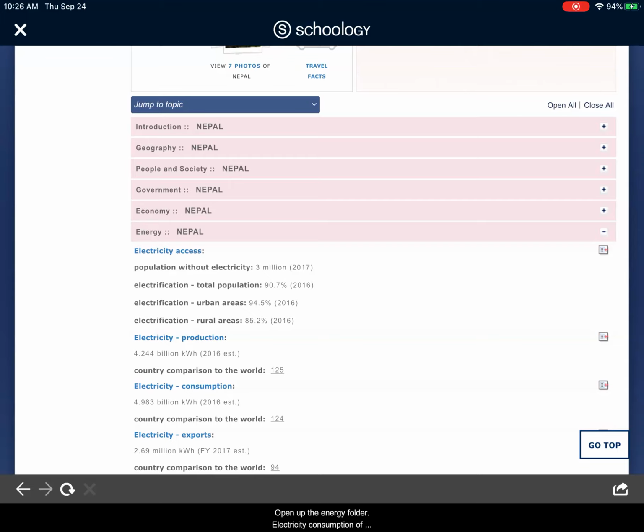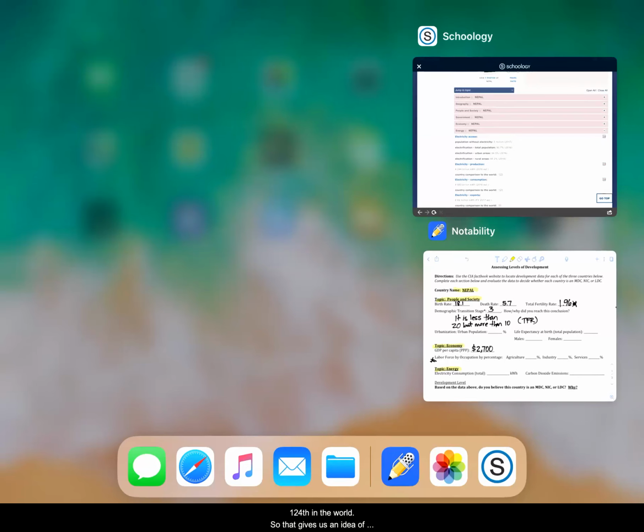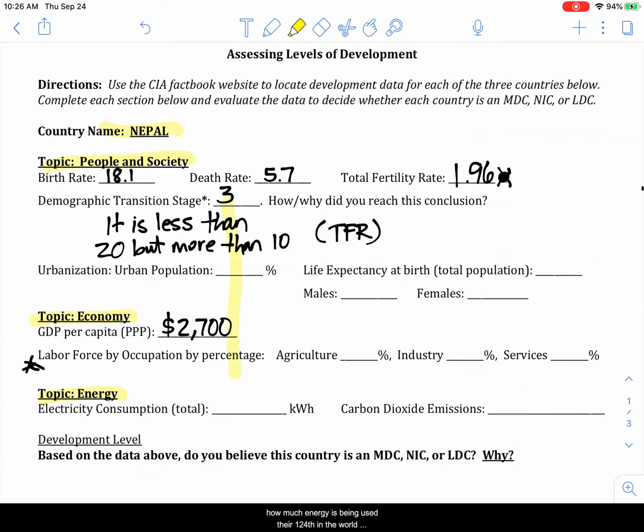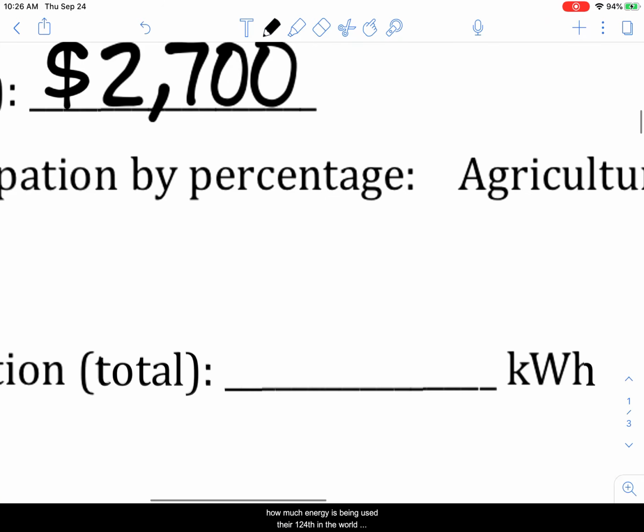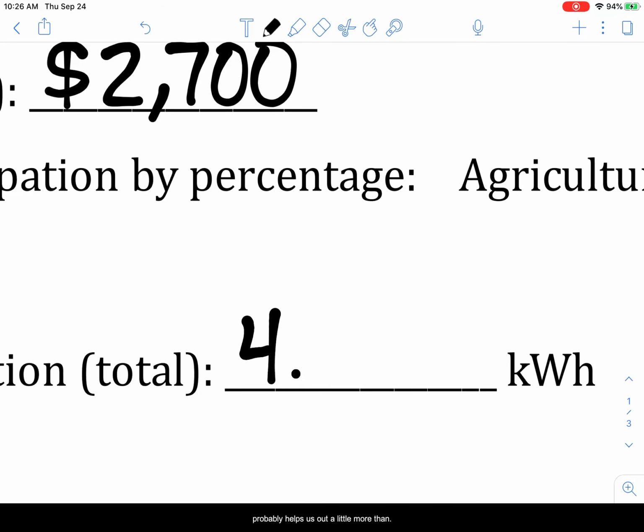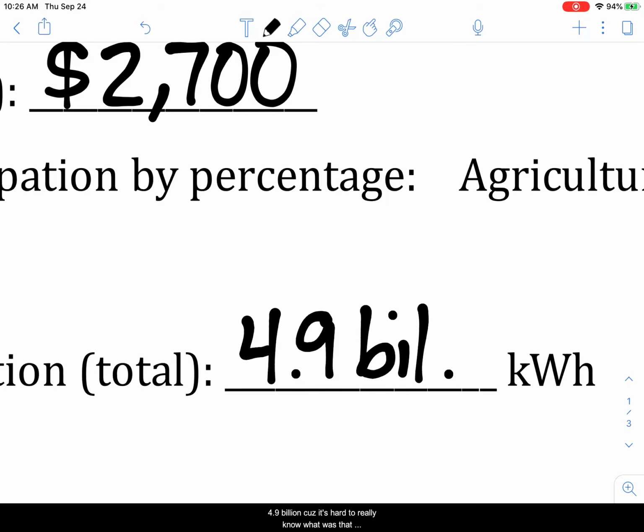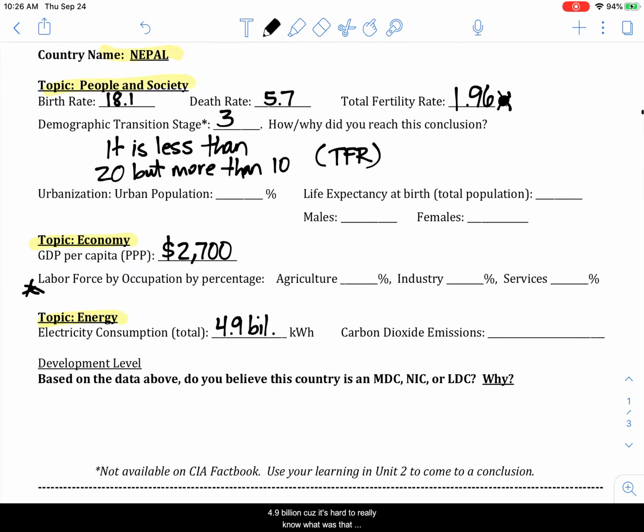Electricity consumption appears right away, 4.9 billion, 124th in the world. So that gives us an idea of how much energy is being used there.